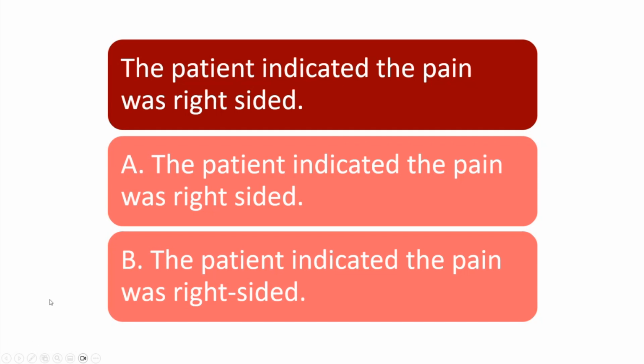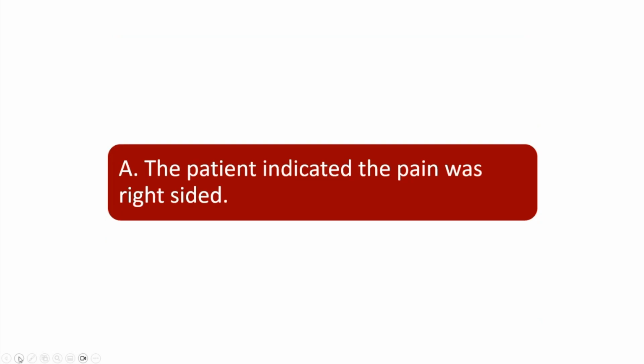Okay, this is great because, surprisingly, the correct answer is A. The patient indicated the pain was right-sided with no hyphen. And the reason for that is because this isn't a compound modifier. There's not a noun following it.